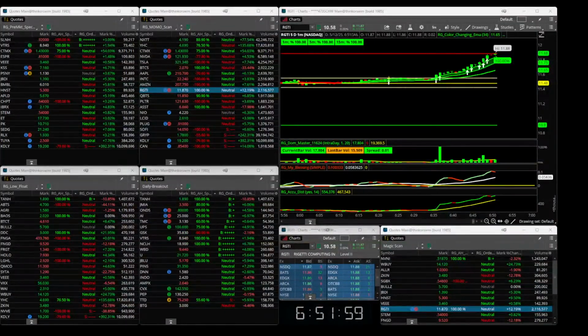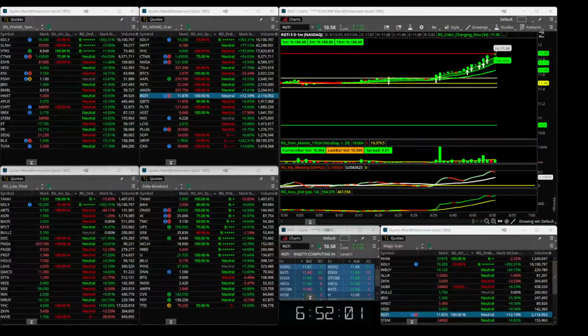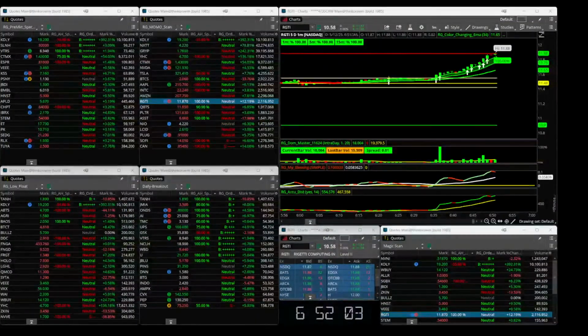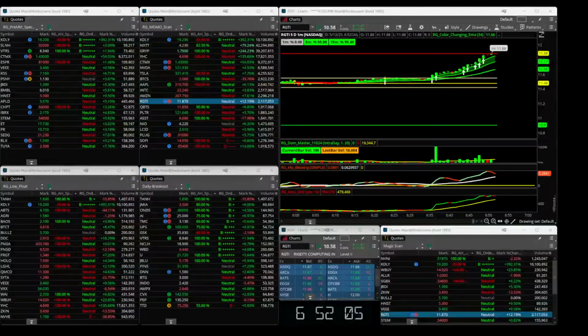If you traded it, chances are you were charged. I don't know where to find the information, but if you traded it, you were charged.